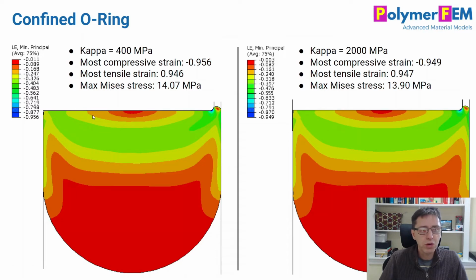Look at the contours of the compressive strains here, maximum principal compressive strain, they're also very similar. So we can see, even in a situation like this where we have a highly confined geometry, high pressure, large deformations, the bulk modulus doesn't make that much difference. So there are cases where the bulk modulus does make a difference, but they're very hard to come by. Most of the time it really doesn't make that much difference what value of the bulk modulus you pick.